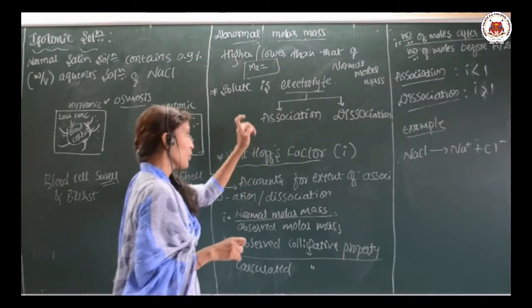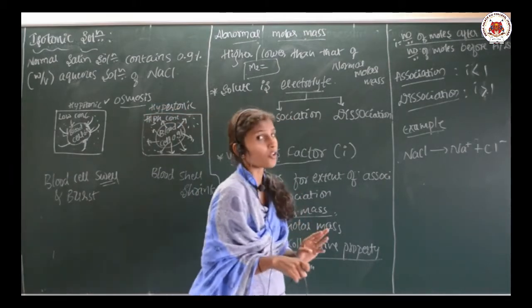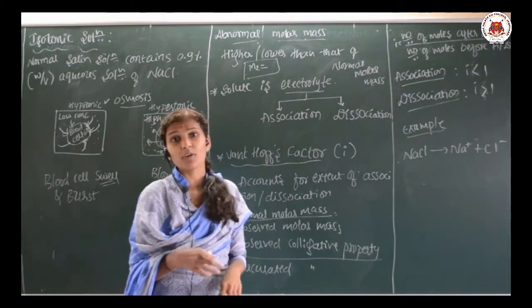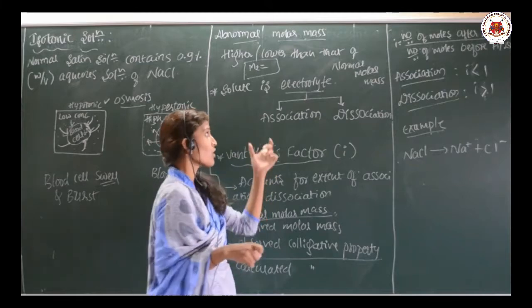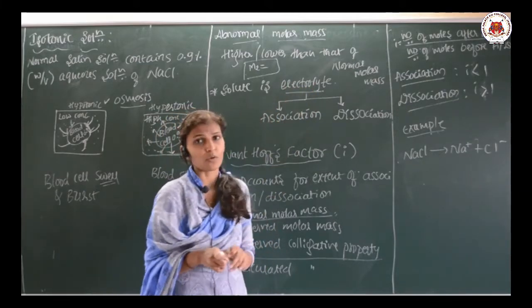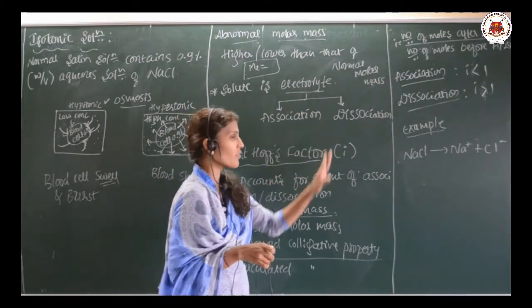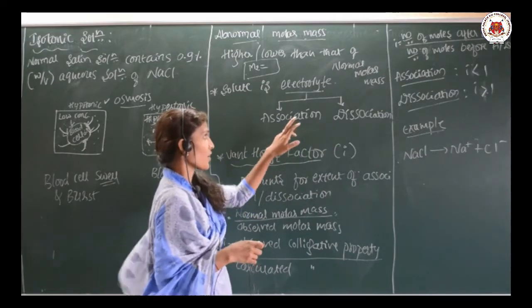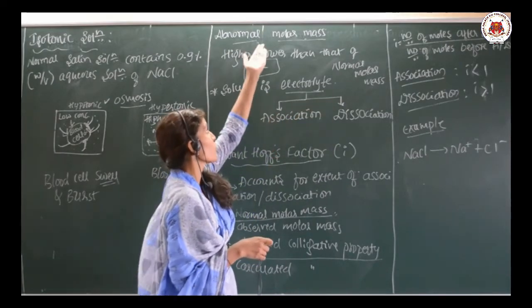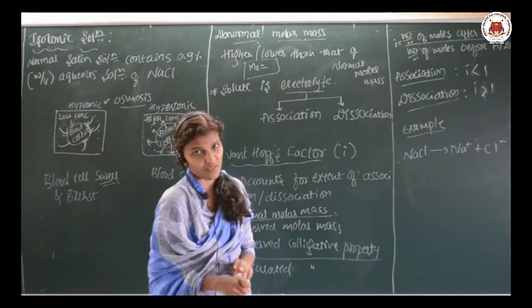Suppose the solute is an electrolyte, the molar mass will definitely vary. Why? Because our electrolyte undergoes association or dissociation. Because of that the normal molar mass gets converted into abnormal molar mass.